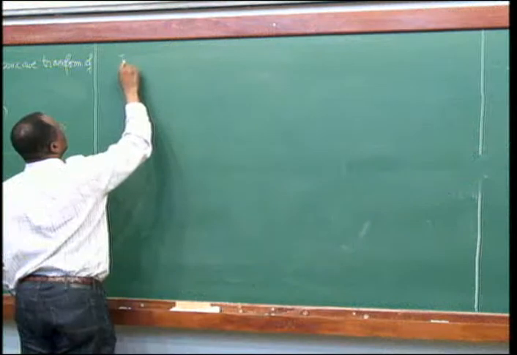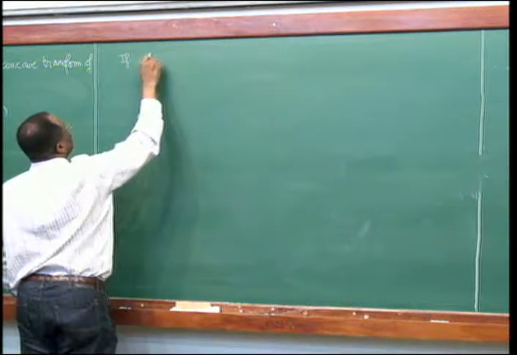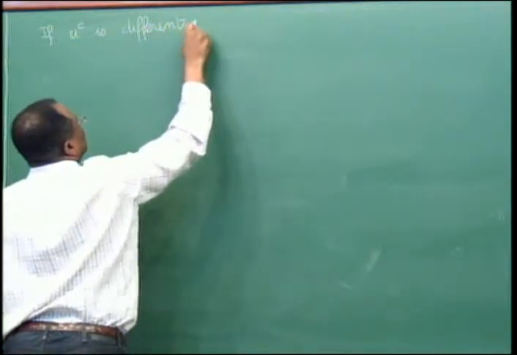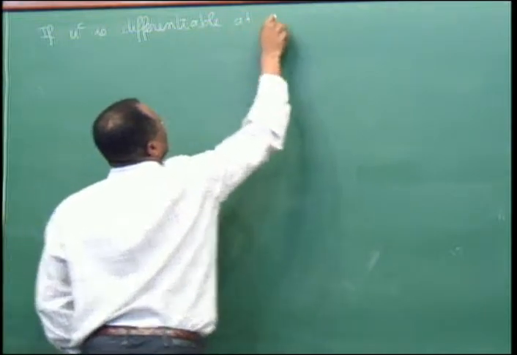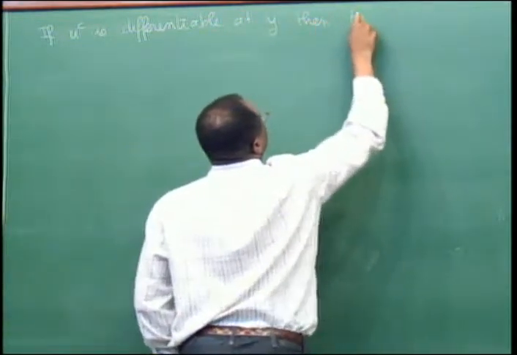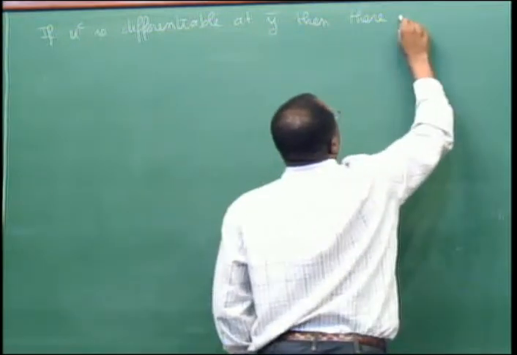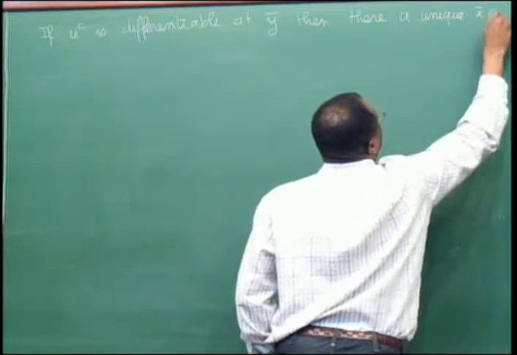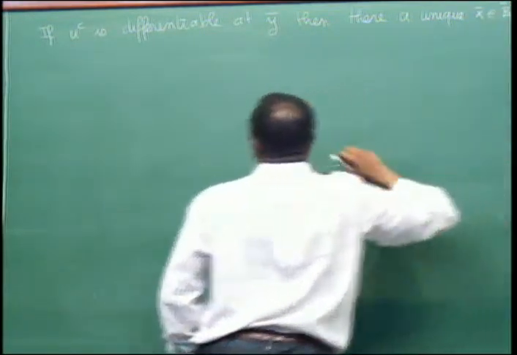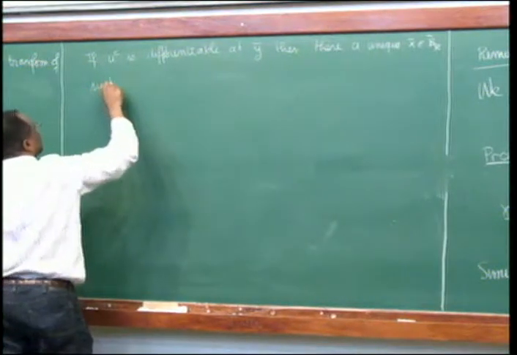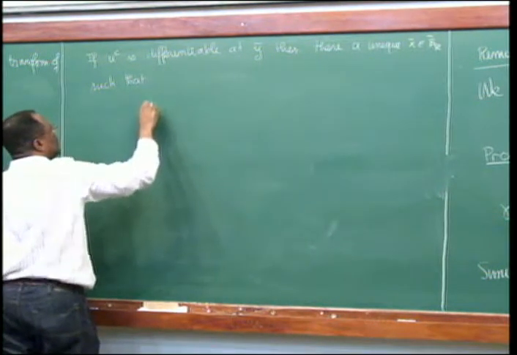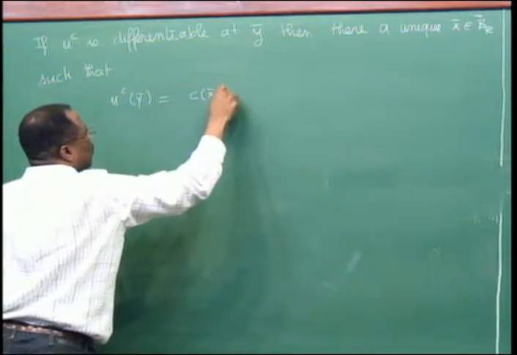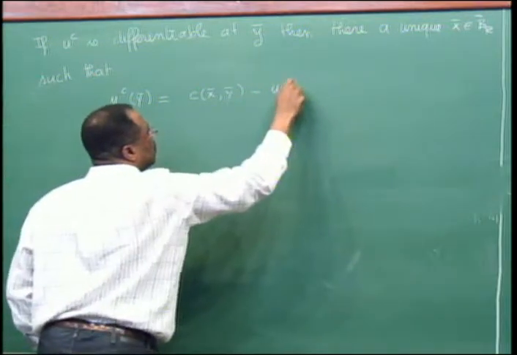If u^c is differentiable at y, then there exists a unique x bar in the closed ball such that u^c(y bar) is c(x bar, y bar) minus u(x bar).